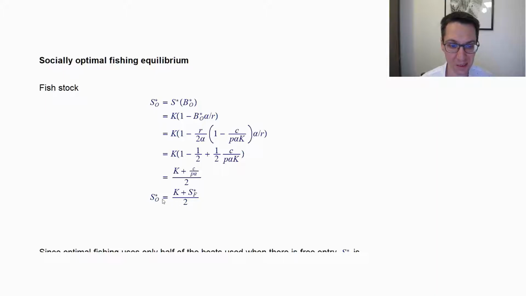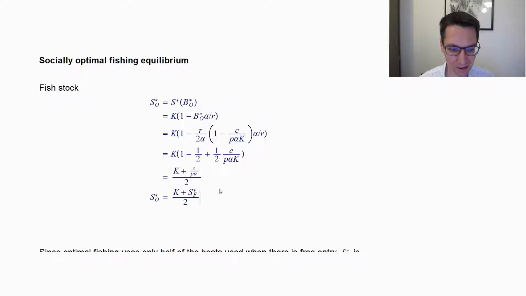And so what do we see? Well, we see obviously that the free fishing stock was lower than the optimal fishing stock, because the optimal fishing is basically an average between the total carrying capacity K and the free fishing. So again, it's going to at least in part be dictated by K, whereas free fishing was just dictated by the price and the cost.